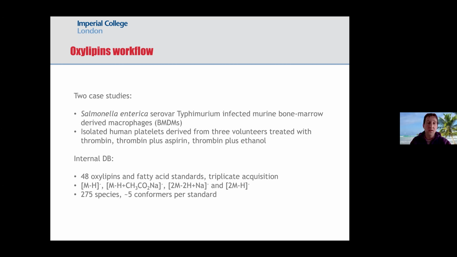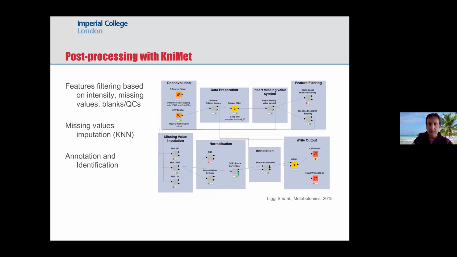We acquired everything in triplicate and measured them under the same conditions that we're going to be measuring our eicosanoids in terms of mass spectrometry. Overall, we ended up with 275 species that we're detecting and roughly 5 conformers per standard in terms of creating this database.